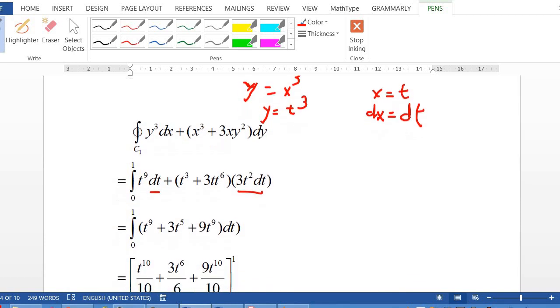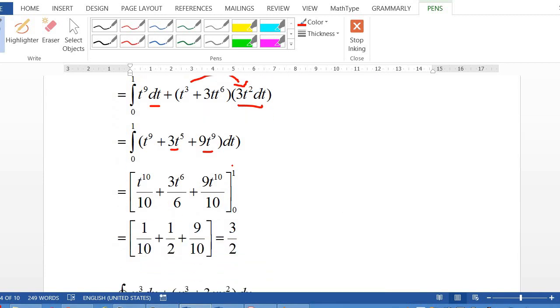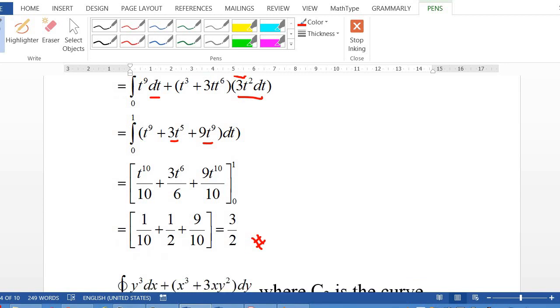You simplify it first: t power 9 plus t cubed times 3t squared, which is 3t power 5, so this is t power 9 plus 3t power 7 times... in total 9t power 9. Then integrate with respect to t. Plug in the limits, and you get 3/2 along the curve C1.